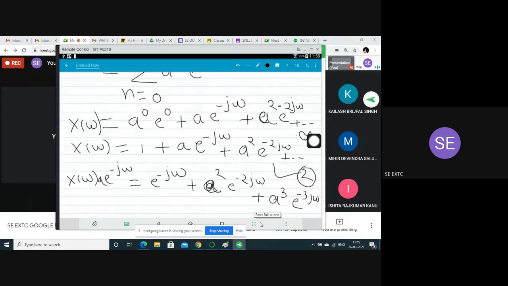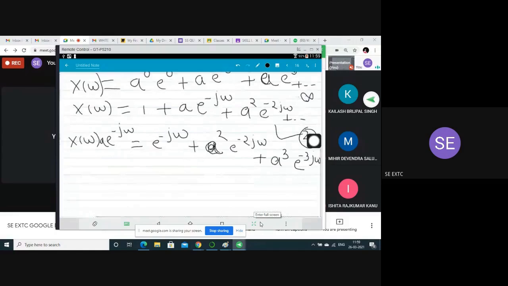So this equation will become like this, and we are giving this equation number 3.